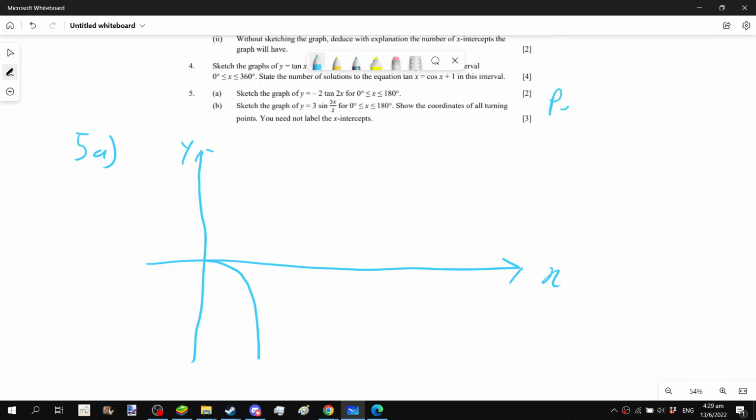Also, you need to be careful. Your period is going to be 180 degrees over 2. In other words, 90 degrees. And therefore, that means your asymptotes are going to be at 45 degrees instead. That looks like 450. Whoops. 45 degrees. There we go.